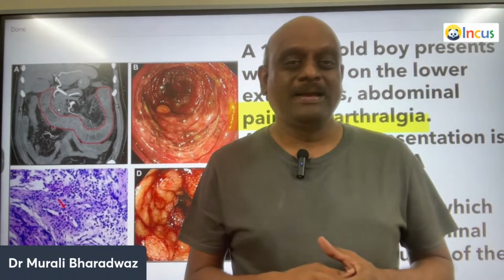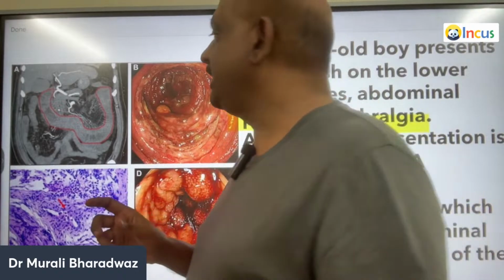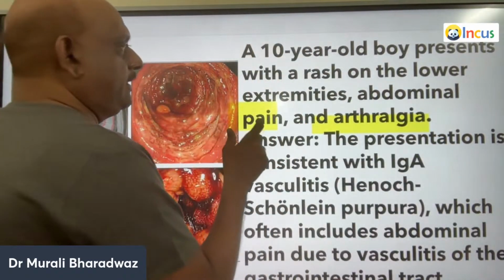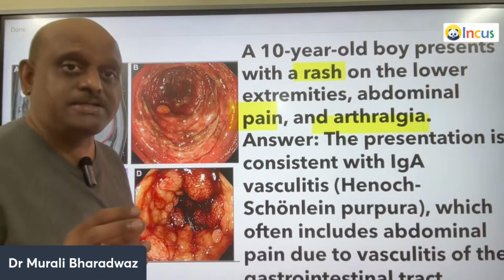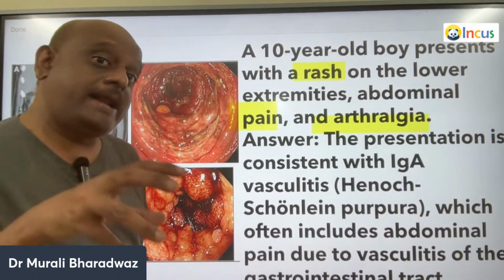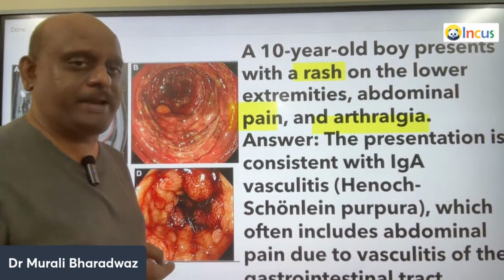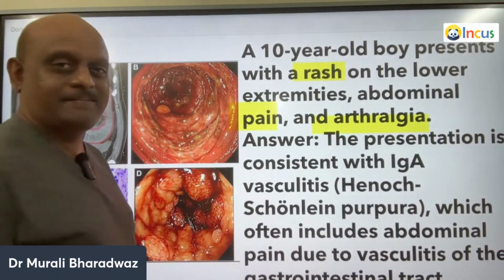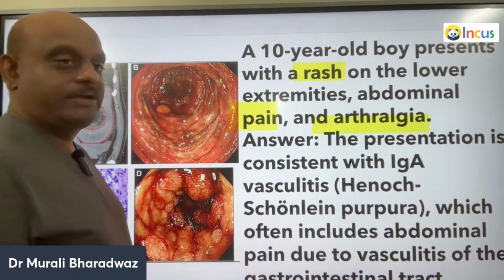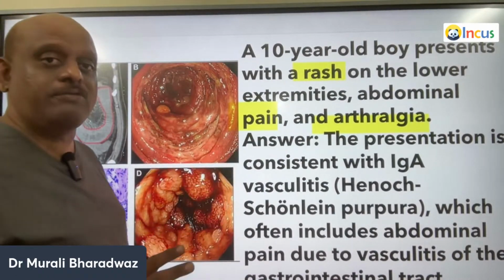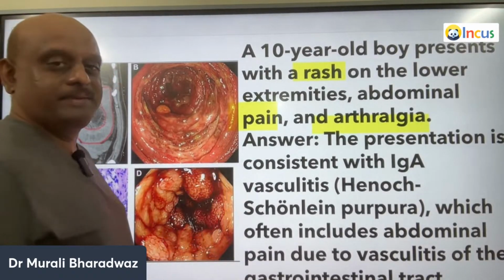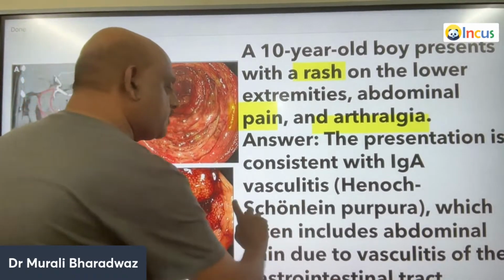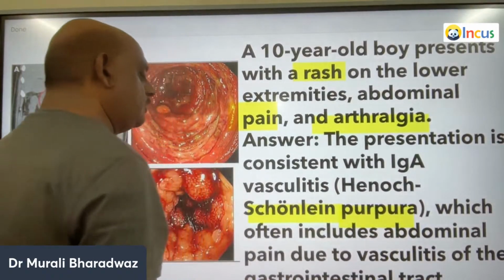Similarly, why is there a rash? Whenever vasculitis is there, it can lead to vasculitic purpura, which are palpable purpura, which present like a rash on the lower extremity. So these are all the features typical of IgA nephropathy, otherwise called Henoch-Schonlein purpura.